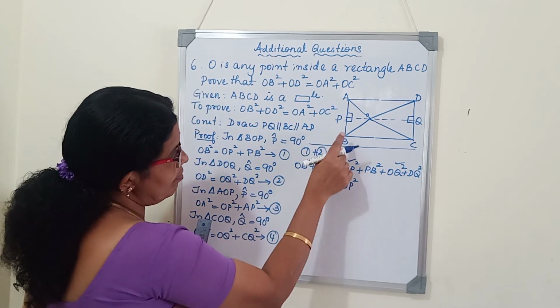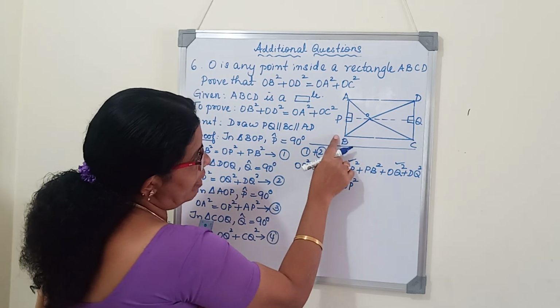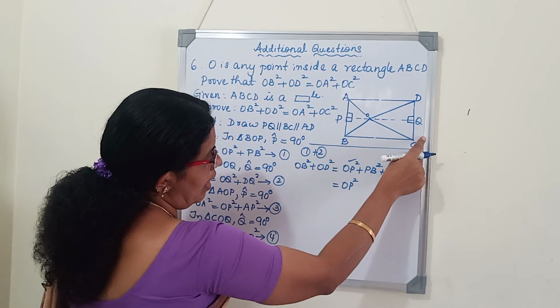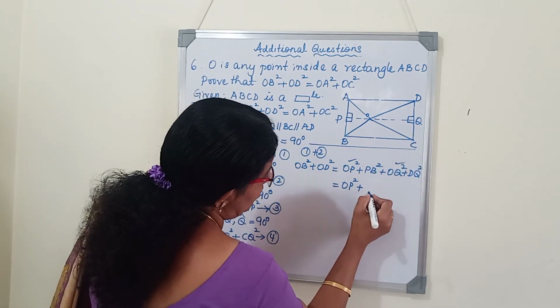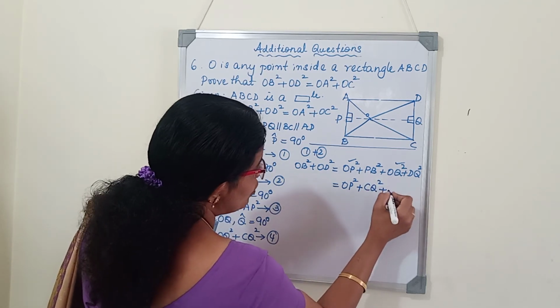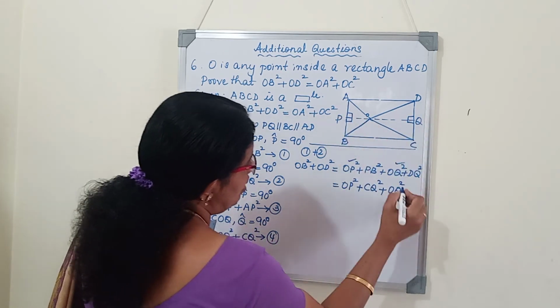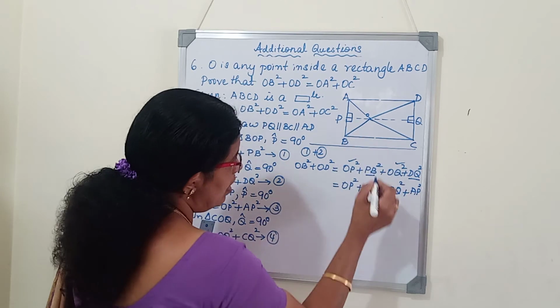Now look at the diagram. PBCQ is a rectangle. Instead of PB, we can write PB equals CQ because opposite sides of a rectangle are equal. So instead of PB square, I'll write CQ square, and CQ square plus OQ square as it is. And instead of DQ square, we can write AP square. So change these two terms according to the diagram.